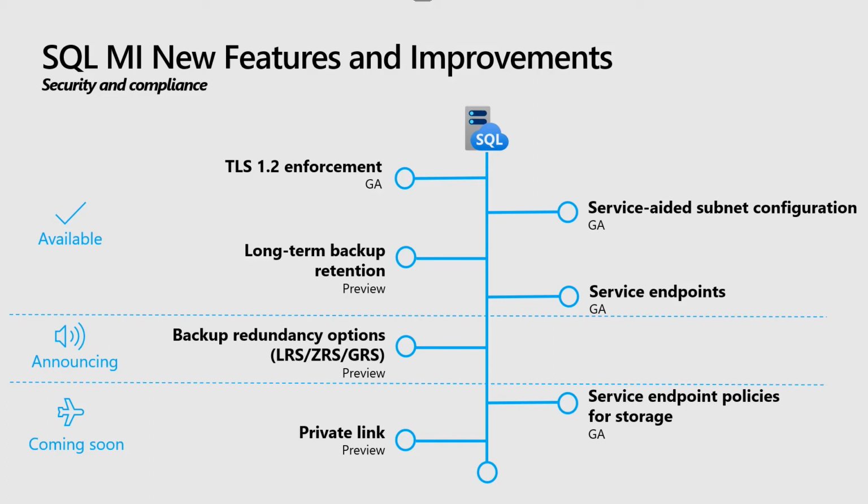There are still 3 redundant local copies of your storage within the same region with LRS. Zone redundant storage is available in a subset of regions with availability zones. With zone redundant storage, you can meet the requirements of data residency. So imagine scenarios and compliance requirements where your data cannot leave a region.